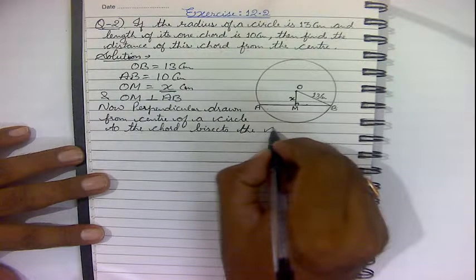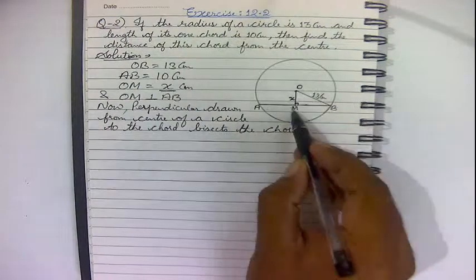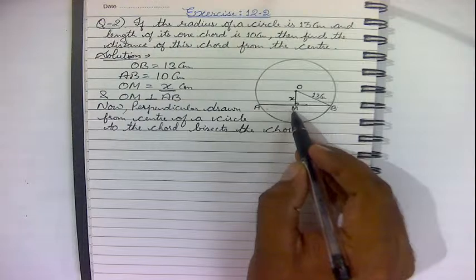We have done this theorem that perpendicular drawn from the center to the chord bisects the chord. Center से हम जो chord के ऊपर जो perpendicular draw करते हैं वो perpendicular क्या करेगा, chord को bisect.